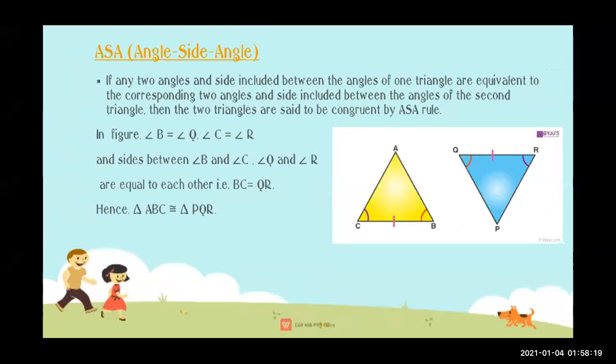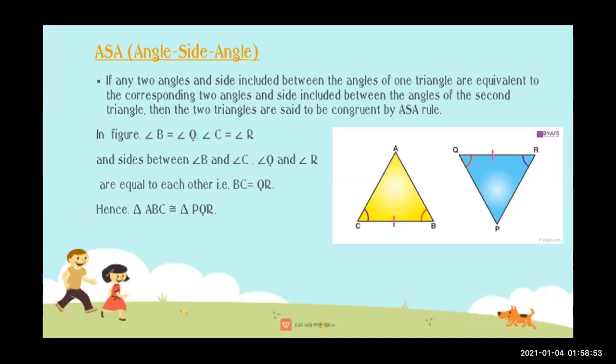The third test is ASA, that is angle side angle. Now here what you have to observe: if any two angles and the side included between the angles of one triangle are equivalent to the corresponding two angles and included side of the second triangle, then the two triangles are said to be congruent by angle side angle.